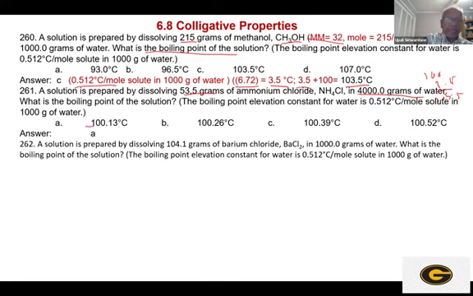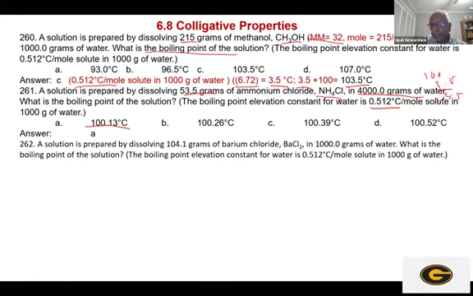The answer is A. When you calculate this multiplied by that, the freezing point depression is lower when you dissolve ammonium chloride.